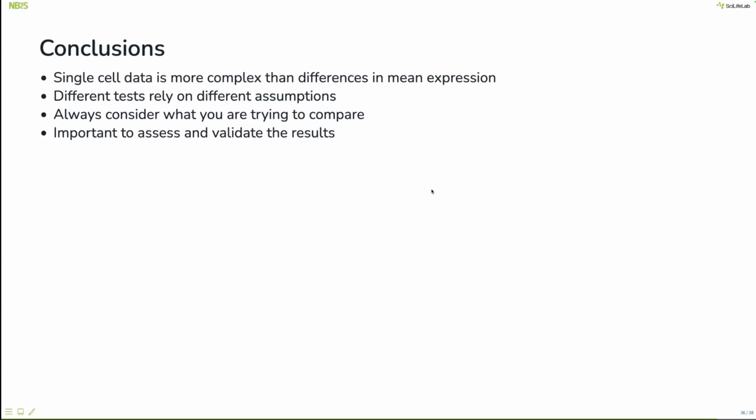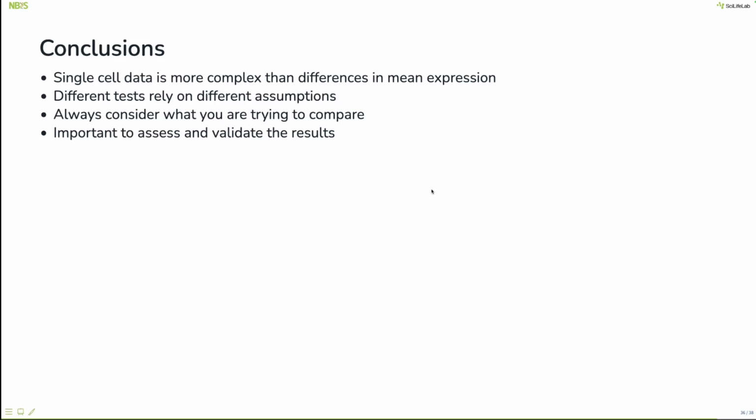And this goes back to the different tests and their assumptions, but also when you're drawing any type of biological conclusion, consider what you've actually been testing. So like mentioned before, if you're testing clusters, be careful with how much you're extrapolating that to biological cell types or something like that.